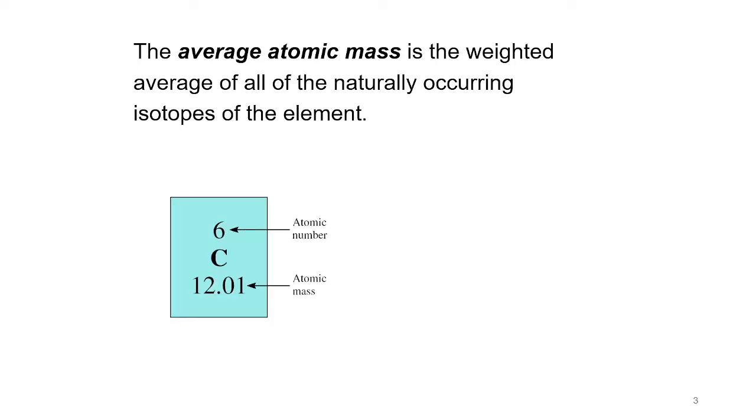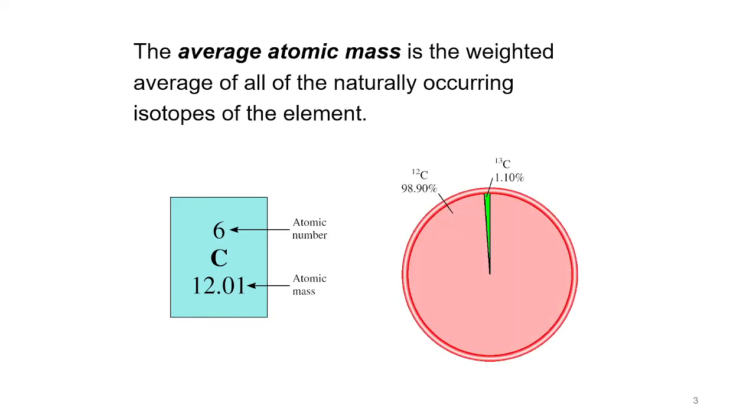For example, we have an atomic mass of 12.01 for carbon. This 12.01 is the weighted average of all naturally occurring isotopes of carbon, meaning it accounts for carbon 12, 13, and 14.